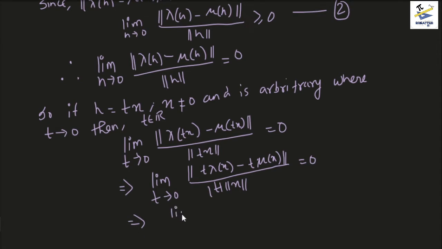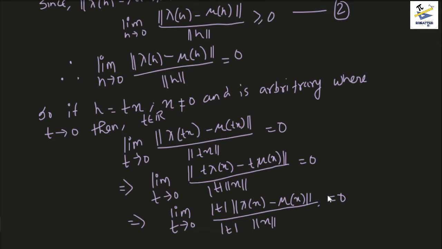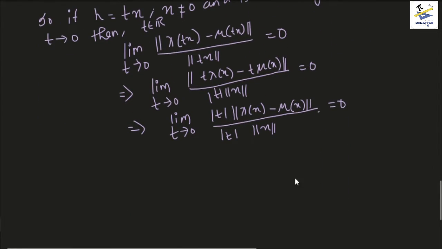And this would become mod of t into norm of lambda of x minus mu of x divided by mod of t into norm of x equals 0.